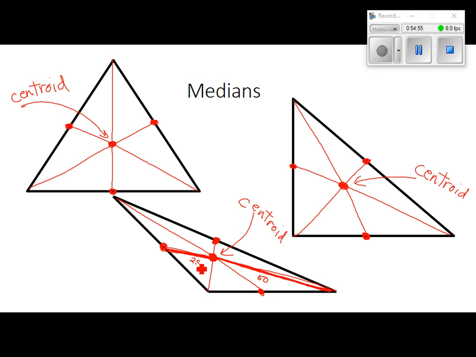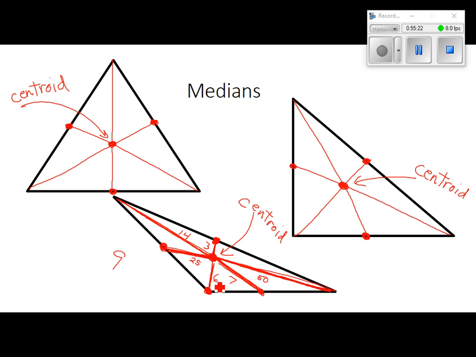What if I told you this distance was 7? How far would this distance be? 14. What if I told you the distance from this point to this corner was 9? What would this little distance right here be? 3. And what would this distance from here to there be? 6. That's what you're doing every time.